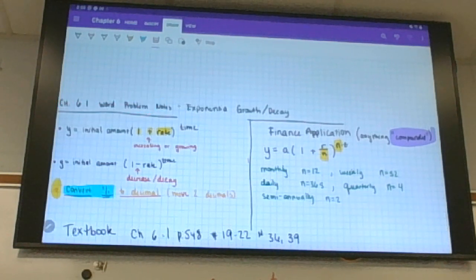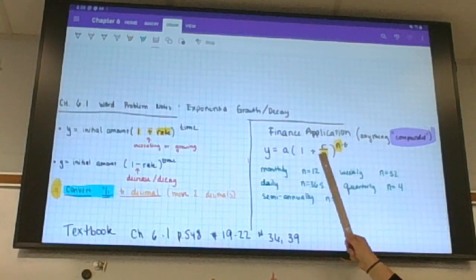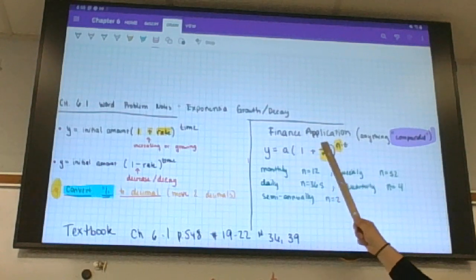So the banks, they got kind of creative and they decided that they would charge us interest instead of just once a year. They would charge us interest at different intervals. So if they charge us interest quarterly, that means our 10% interest rate is split up into 4 times a year. So if it's compounded at some number, that changes the equation a little bit. We put a number underneath the rate.